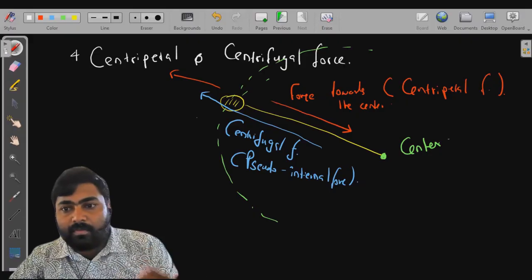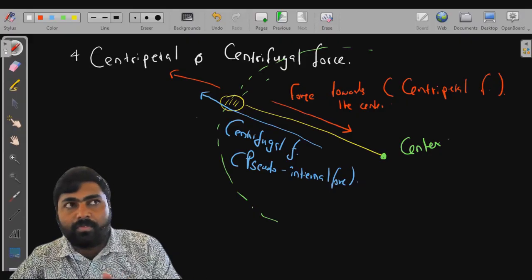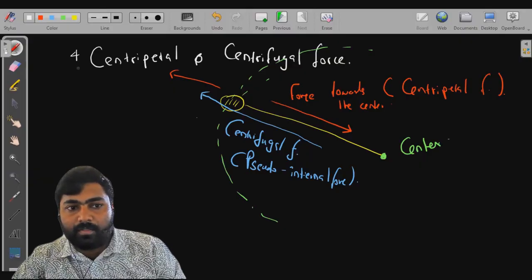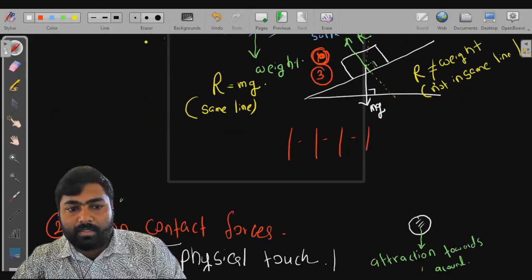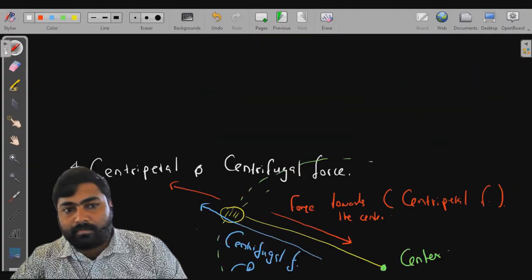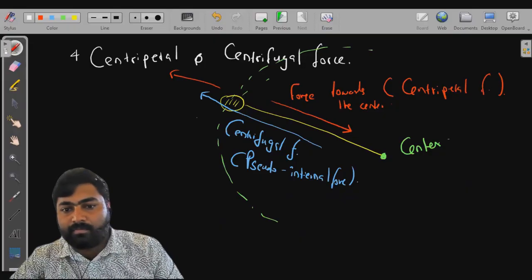When we do that lesson, we will talk about that. But to move further in this lesson, we should have knowledge of these forces, except this fourth one and the magnetic force. Okay, that is enough.